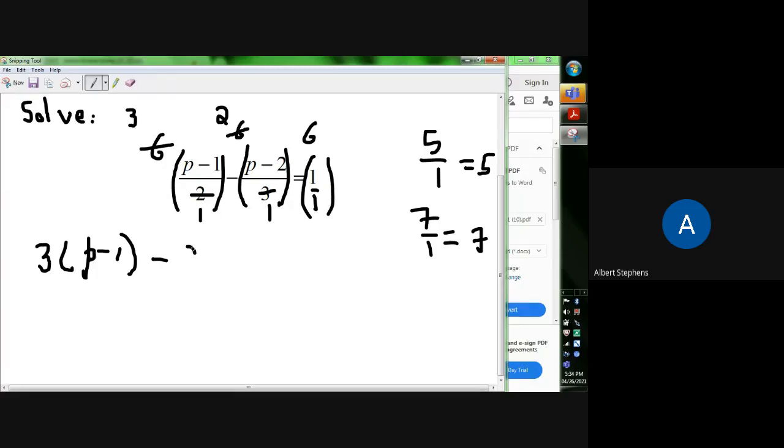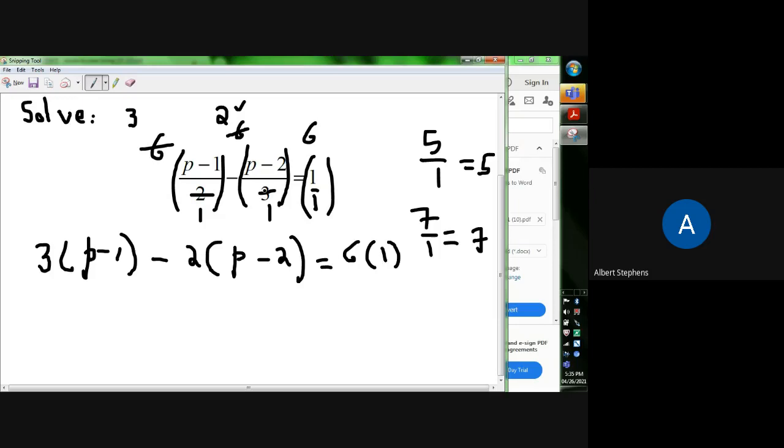Subtract what? 2, which is this 2 here. Open bracket p subtract 2 equals what, class? What am I going to write out here? 6. 6 multiplied by 1.